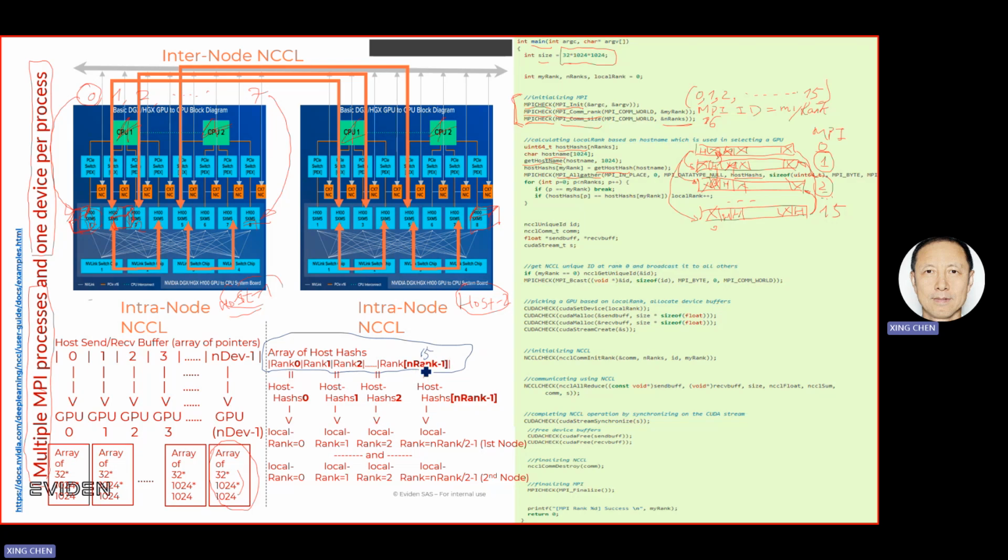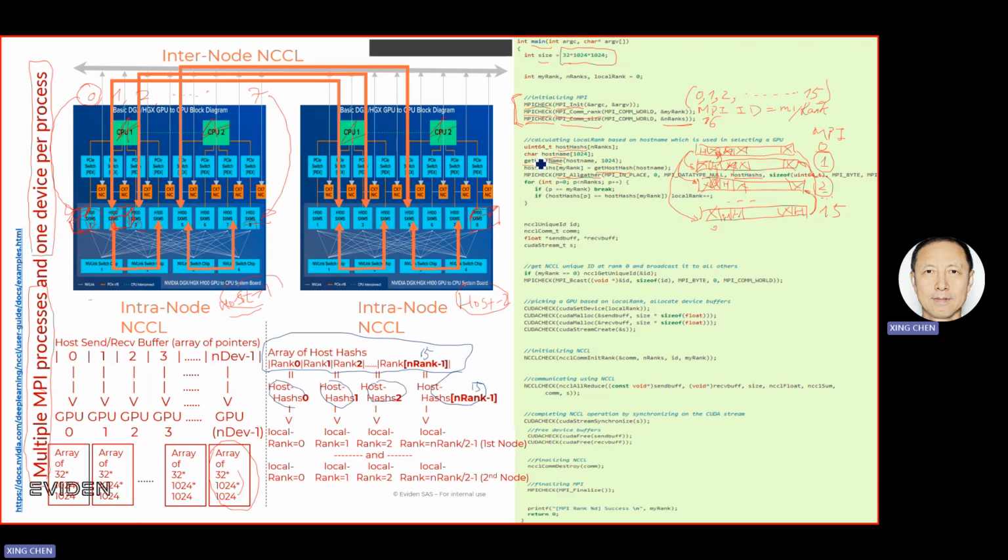The first element of this array is going to be host hash 0, the second one host hash 1, the third one host hash 2, and the last one host hash 15. Each MPI process is going to have this array, and they are exactly the same. They are holding the same host hash values.